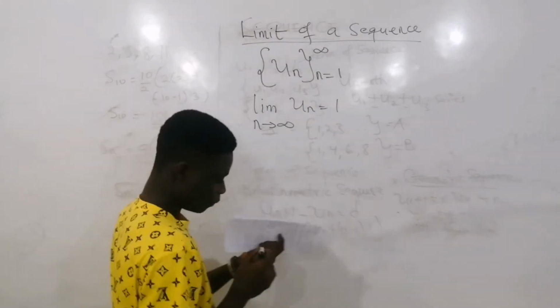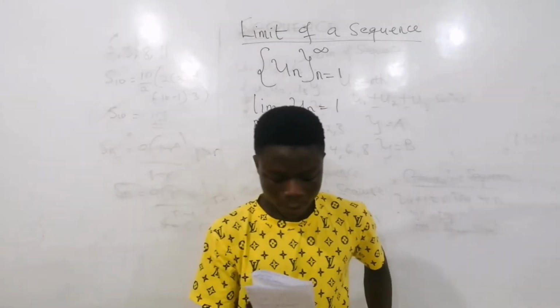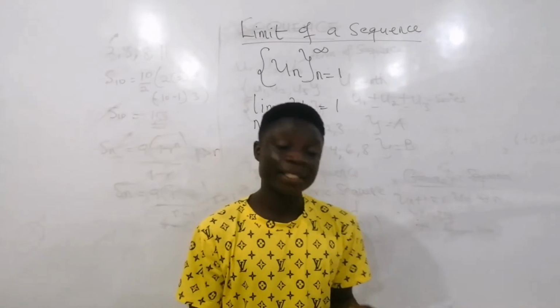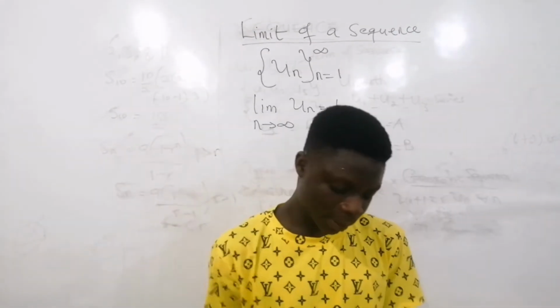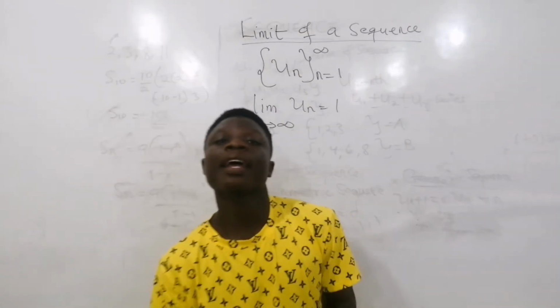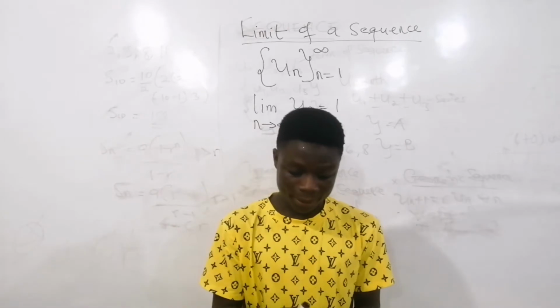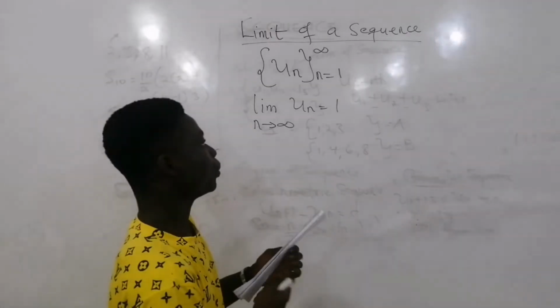Now, we should note this before we move on. If a sequence has a limit, it is called a convergent sequence. And if a sequence has no limit, it is called a divergent sequence. Please take note of that. So we have some examples that we need to know.